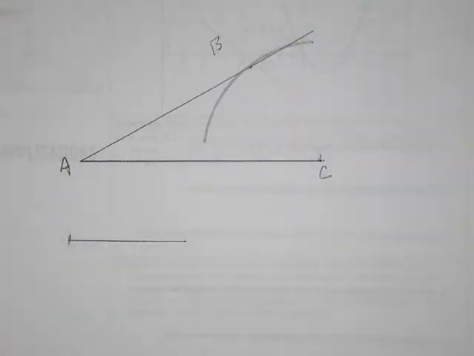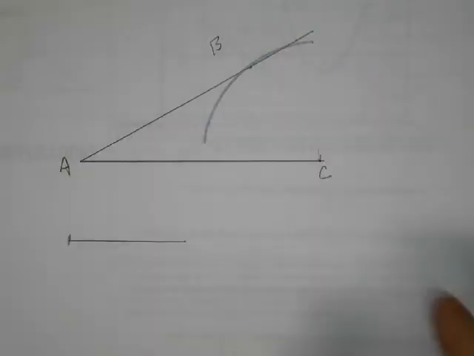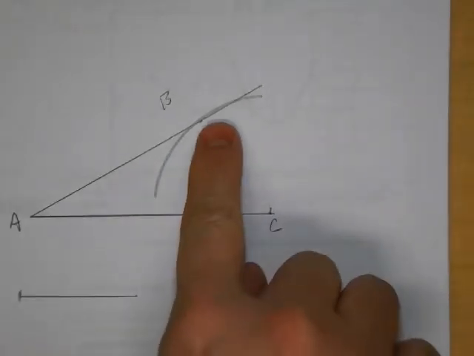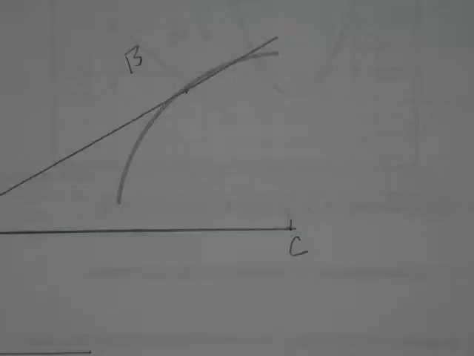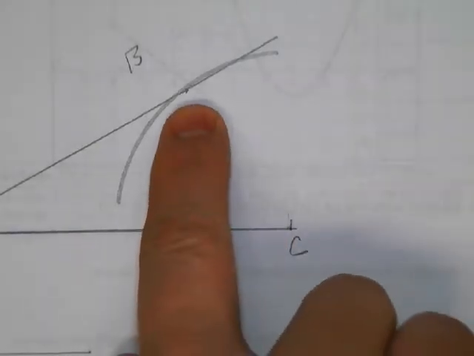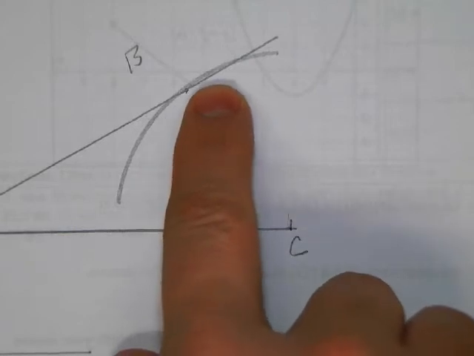Now this one is a little hard to see, so let's zoom in a bit, because what I want to look at is right here. It's hard to see because the angles are going to be very close to each other, but here you can kind of see there's a little bit of a gap.